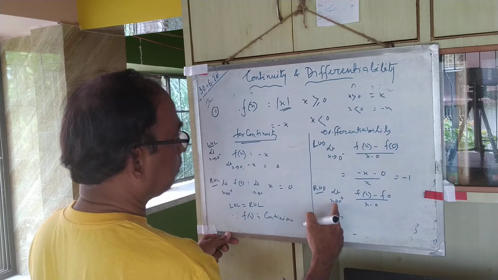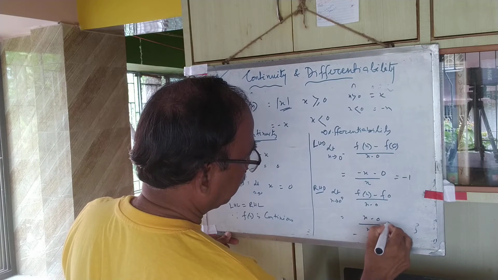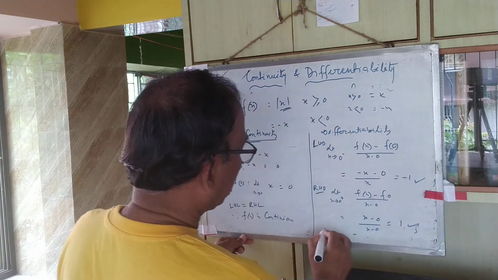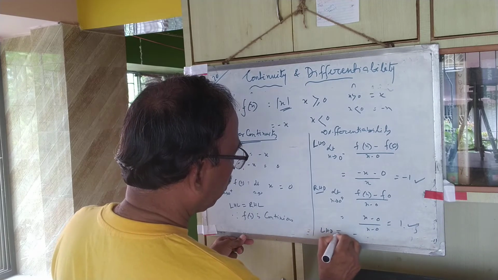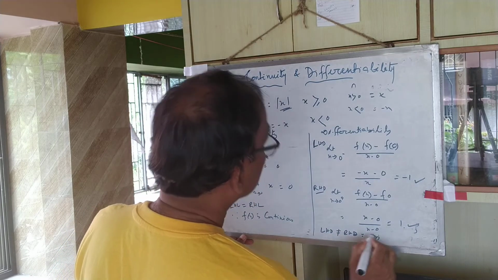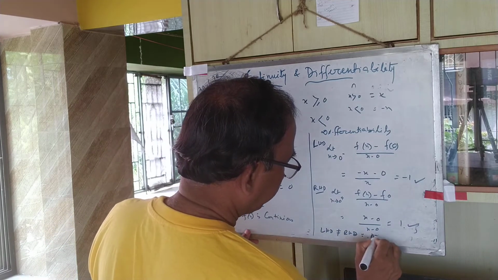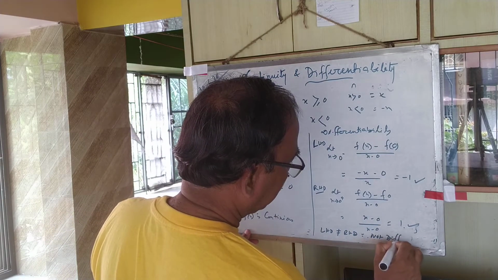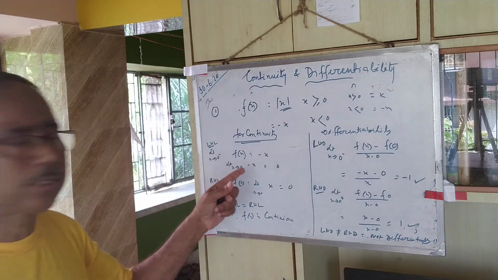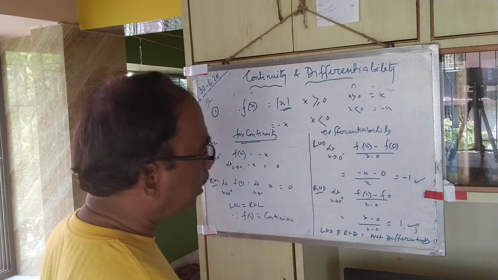For positive values f(x) is x, so x minus 0 by x minus 0, that is 1. So the left hand derivative is not equal to the right hand derivative, therefore it is not differentiable. In this case, it is a continuous function and it is not differentiable.